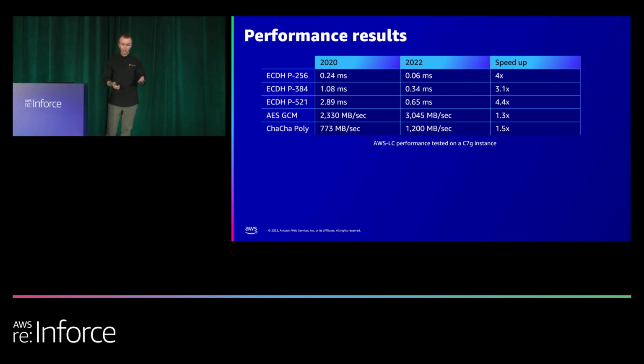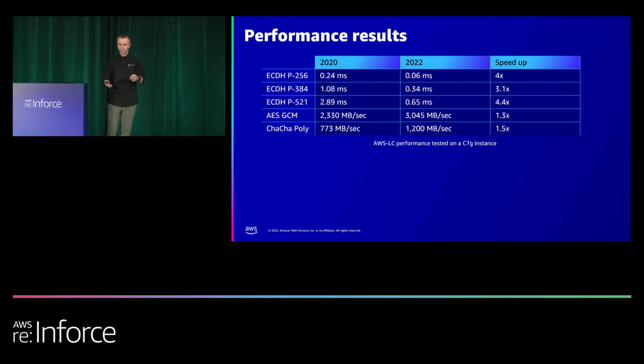I also included two symmetric ciphers, AES-GCM and ChaCha-Poly. These are used for the bulk encryption between AWS and clients. Here, it's measured in megabytes per second, and higher values are better. And you can see we were also able to improve the performance of both of these.